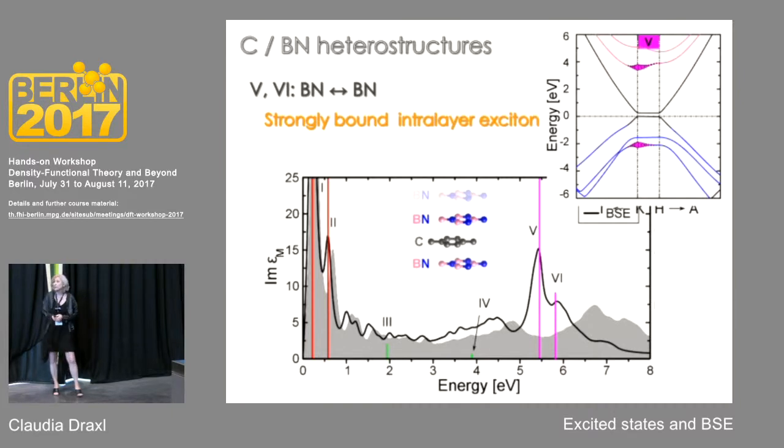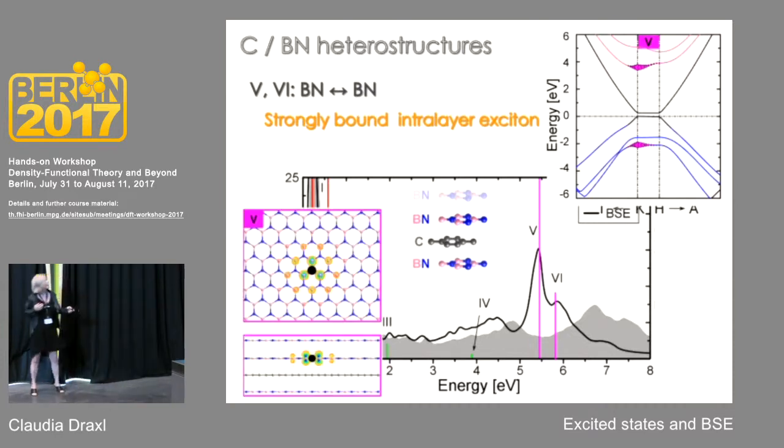Now switch gears, go to the high energy range, and look at these two excitons 5 and 6 here. So 5, you see we have the hole sitting in the boron nitride plane, but in fact at the nitrogen atoms, because these bands have nitrogen character, and the electron again in the boron nitride plane, but now it has boron character.